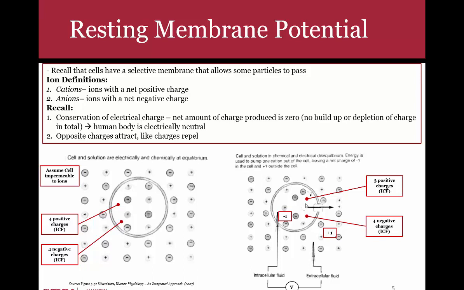So obviously, when you push the positive ion out, you're making the inside more negative, and it's more negative because now you have 4 negative ions inside the cell, and you only have 3 positive ions inside the cell. So you're going to have a negatively charged environment on the inside of the cell.